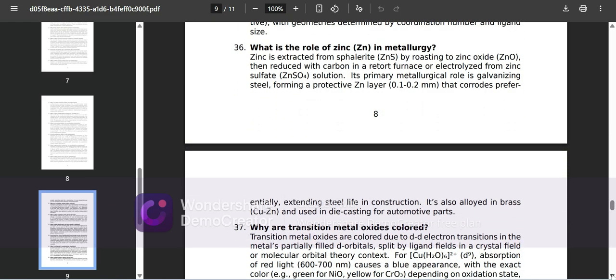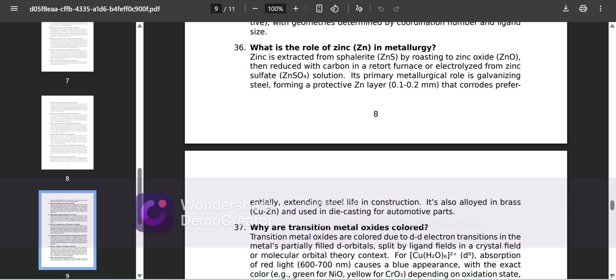What is the role of zinc in metallurgy? Zinc is extracted from sphalerite, zinc sulfide, by roasting to zinc oxide. This is reduced with carbon in a retort furnace or electrolyzed from ZnSO4 solution.